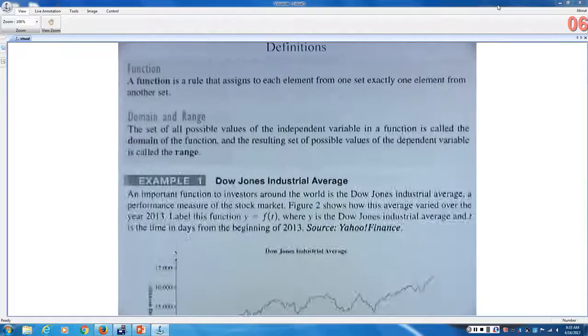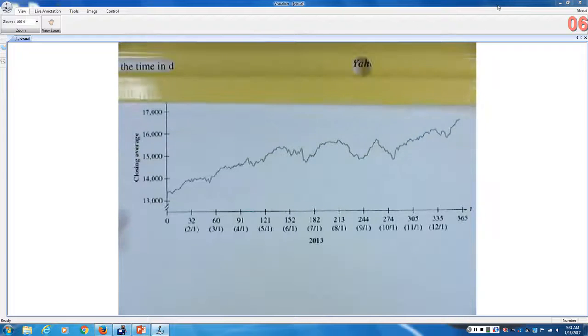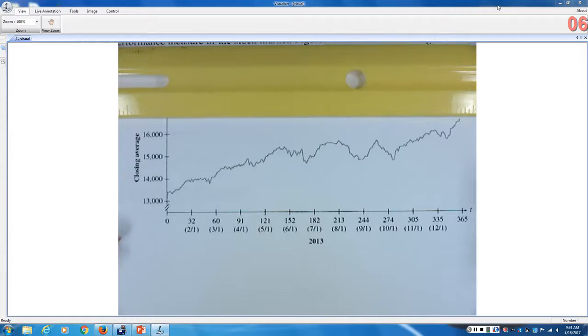would be look at the graph. And I've blown it up to get it as big as I possibly can. And take a ruler, trying to keep it as straight as I possibly can.